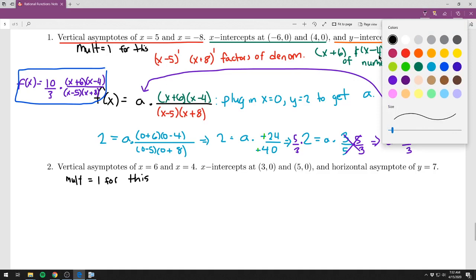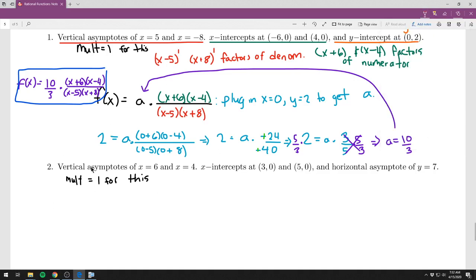All right, similar setup. We want to figure out the equation of a rational function with vertical asymptotes of x equals 6 and x equals 4. So this is telling us x minus 6 and x minus 4 are factors of the denominator.